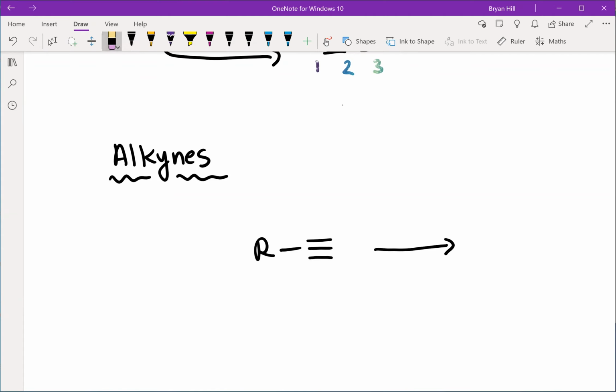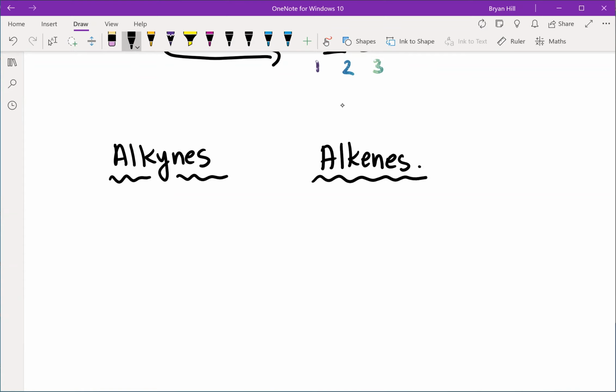oh no, let me erase this. So some of our favorite reactions from the alkenes were like addition of HX. We are going to do the same thing.